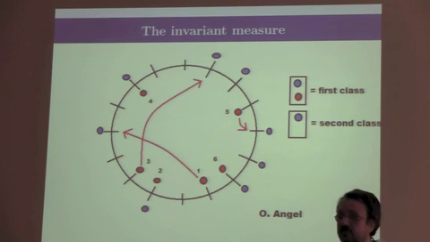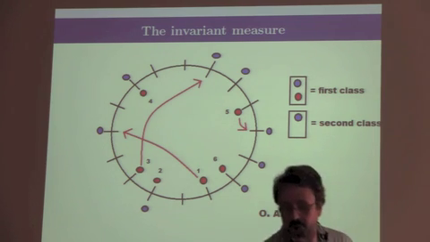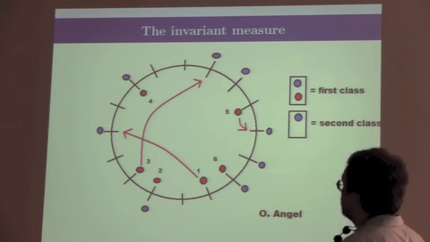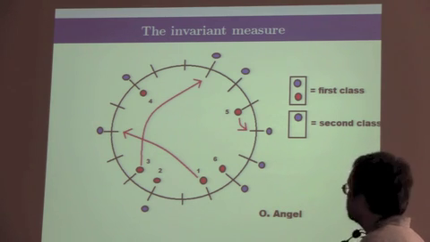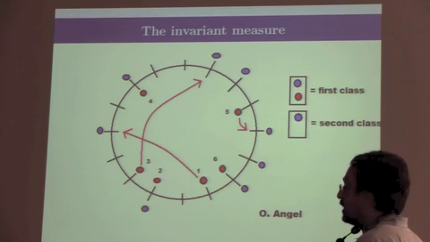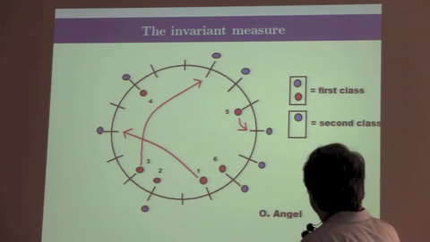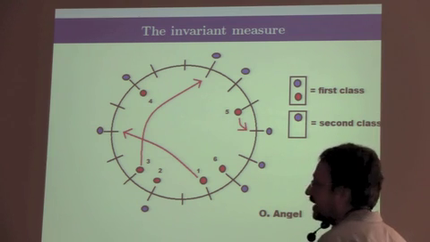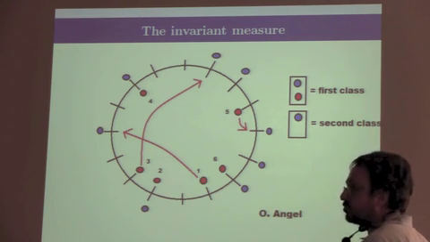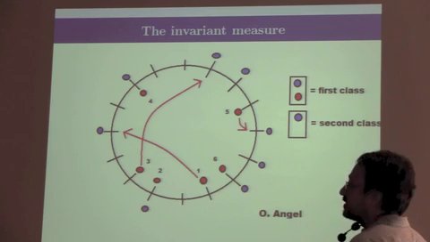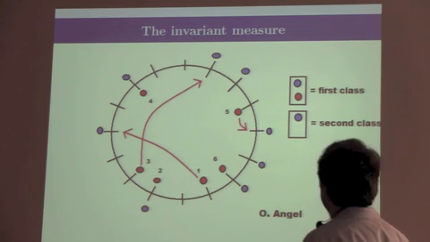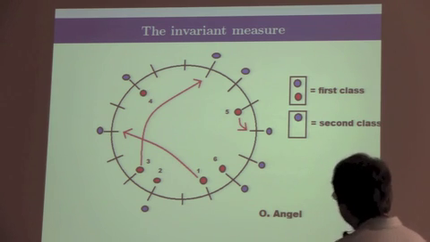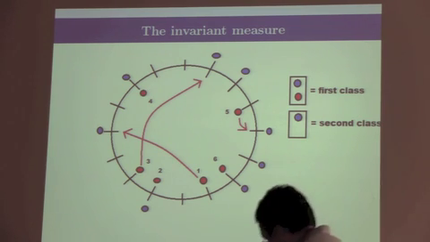Now, the result that you will obtain will be a random configuration of particles that is very far from independent because it has been constructed by this algorithmic construction. And if you do this identification, the distribution will coincide exactly with the invariant measure of the two-class TASEP.